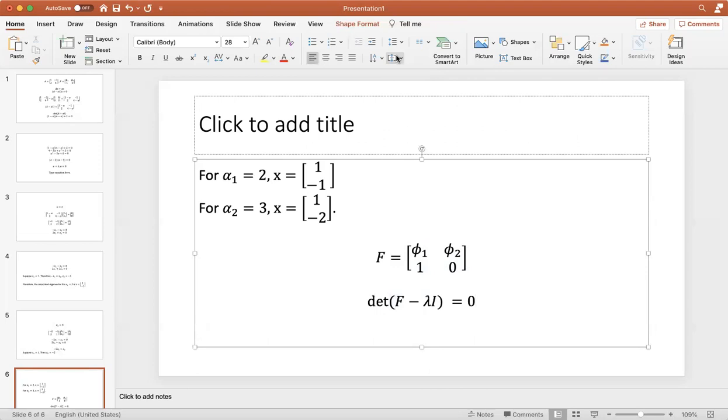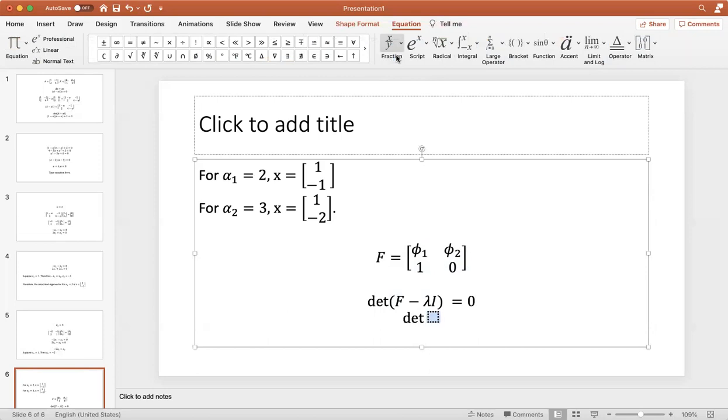So F minus lambda I is basically equal to phi1 minus lambda, right? You have phi2, you have 1, and you have 0. And the determinant must be equal to 0.